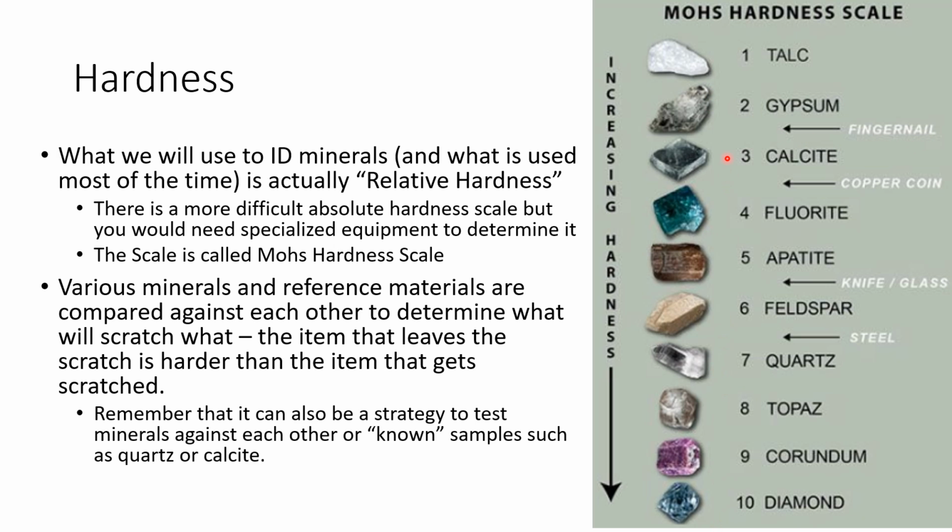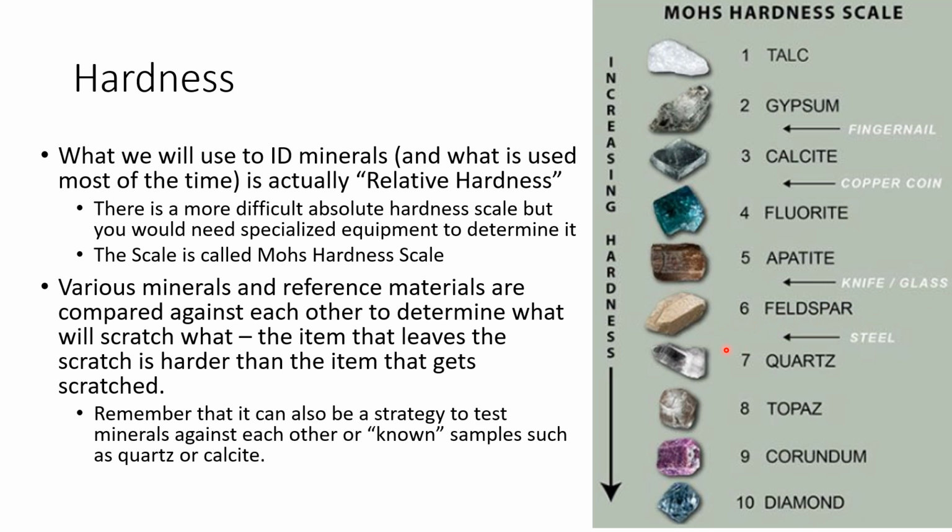Also, a big trick that I learned to use is to test minerals against each other. So you've got a knife at 5.3-ish, a piece of glass at 5.5. But then you've got this feldspar that scratches the glass. You go, okay, it's greater than 5.5, but how much greater?